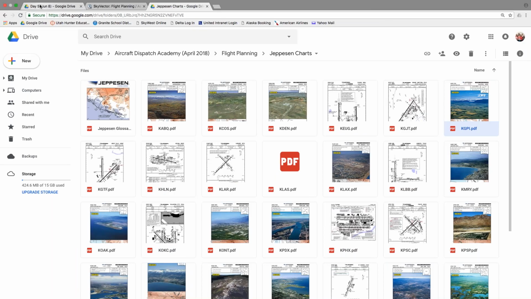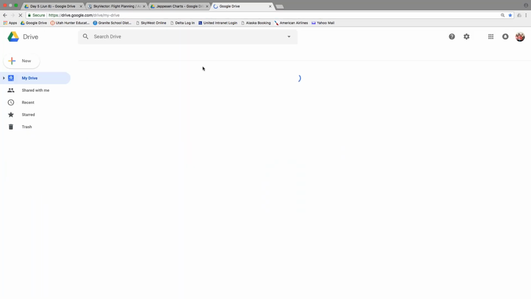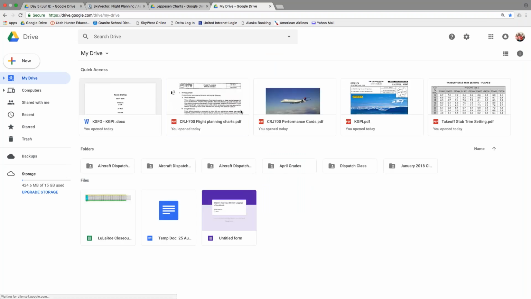A couple things we need to take into consideration are the departure airport's temperature, the ISA, right? And then we look at our performance card, our takeoff weight and our temperature, and that will give us our altitude capability.